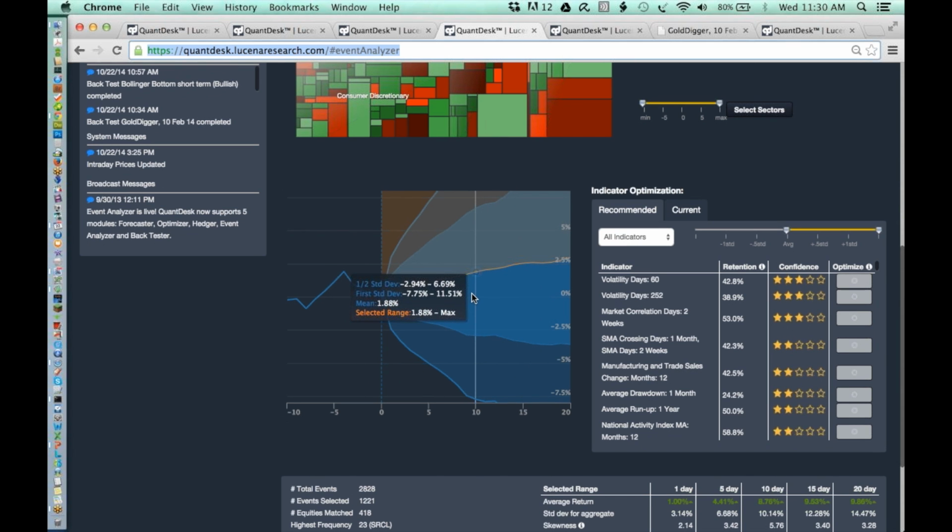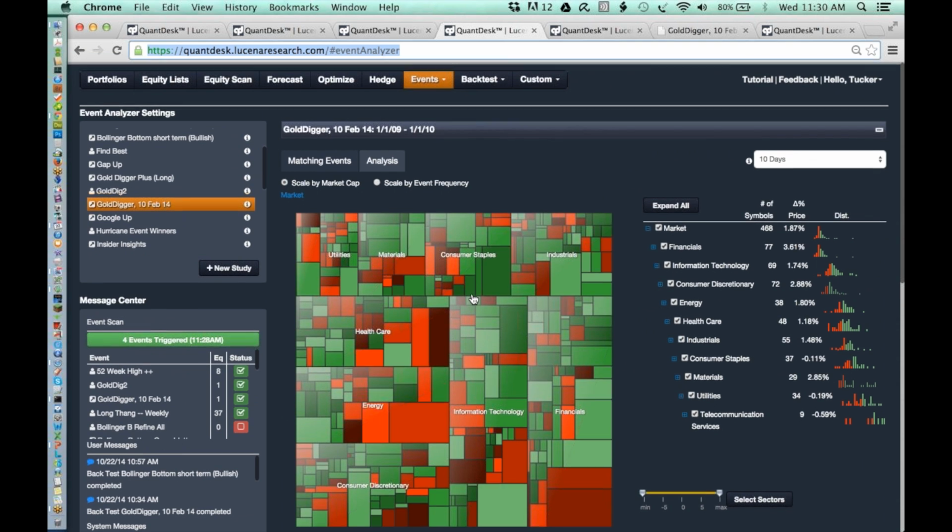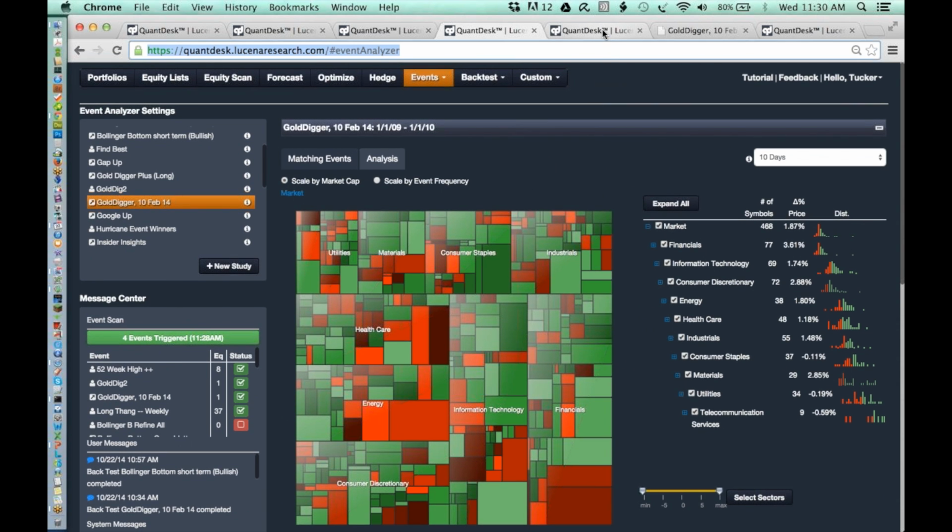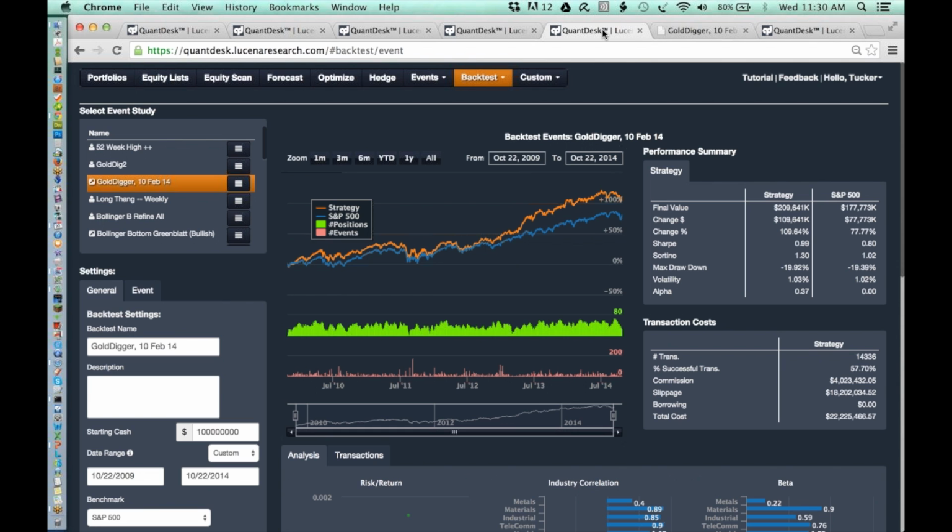Now we can turn that into a backtest, and this is one of the great features of QuantDesk. This is a backtest going back 5 years, and this particular nugget's performance is illustrated here with the orange line, and our benchmark S&P 500 with the blue line, and you can see at any one point in time what the net return is, and so on.